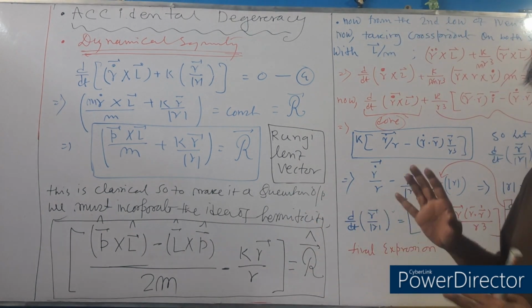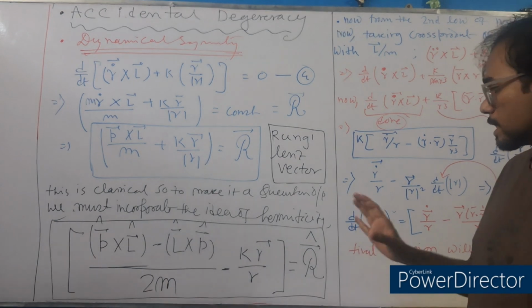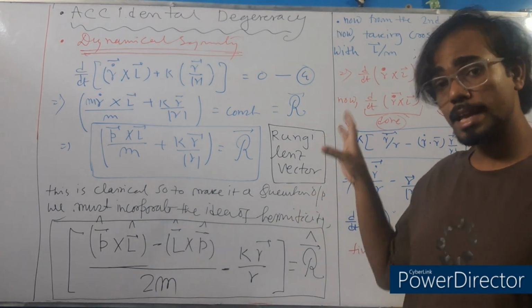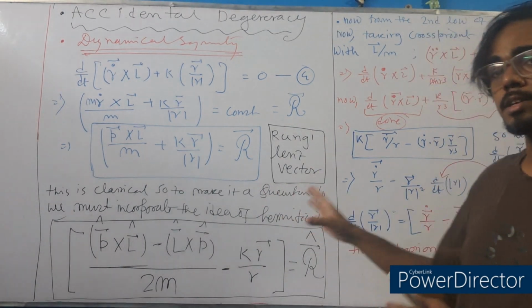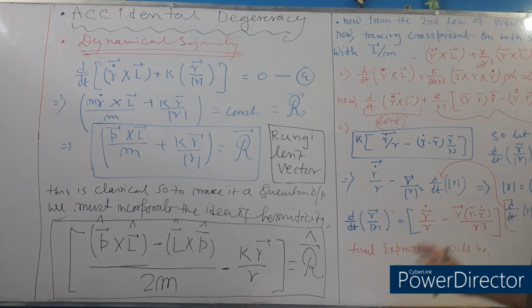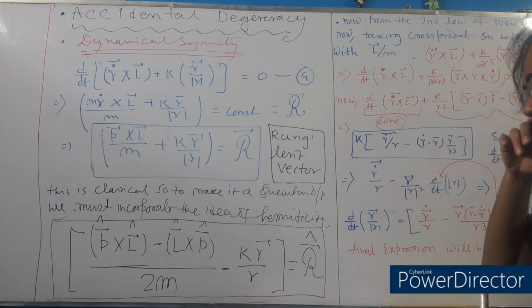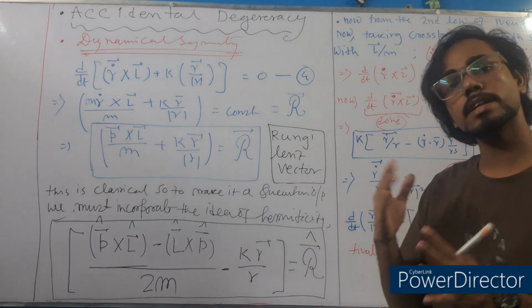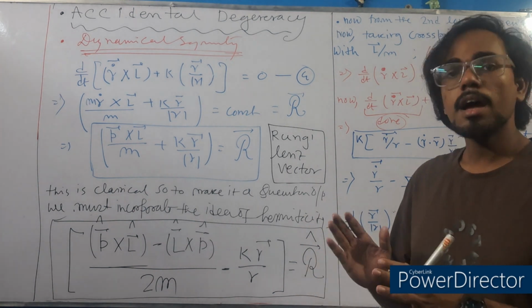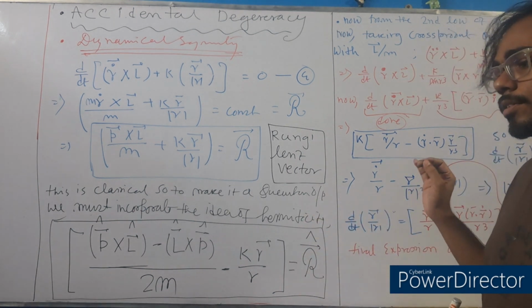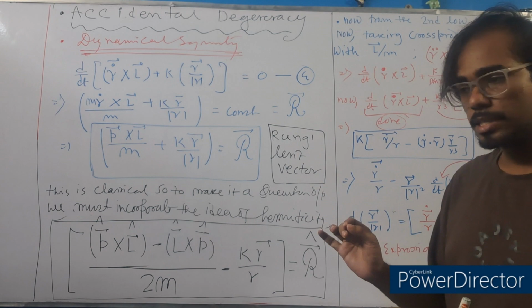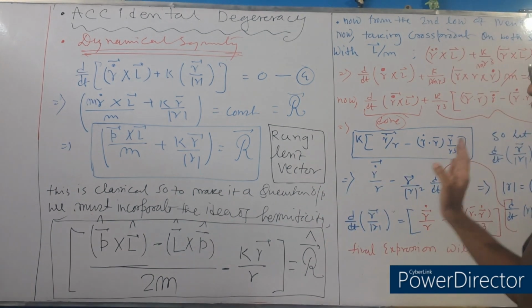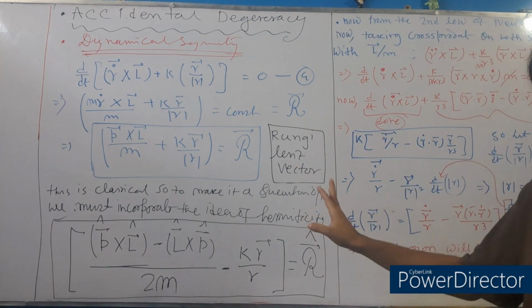In the next video I will also explain how this is related to SO4 symmetry. I'm not introducing that SO4 symmetry today because I will give you a little bit of time to practice all of this before we move to that advanced topic. In the next video I will do the SO4 thing, and then I will prove that if you take a particular shape of potential which is non-Coulombic, the whole thing just blows up.